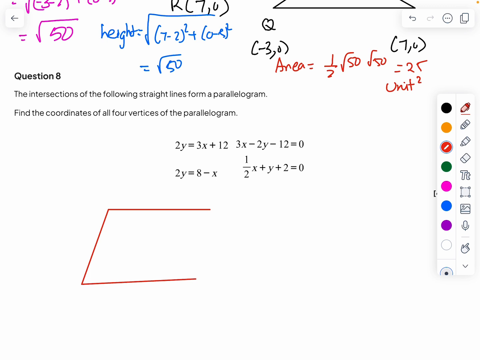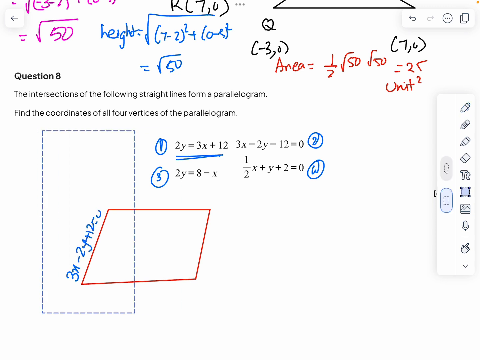If I consider these as equation 1, equation 2, equation 3 and equation 4, we can see that 1 and 2 are parallel. So therefore this will be equation 1, 3x - 2y + 12 = 0.